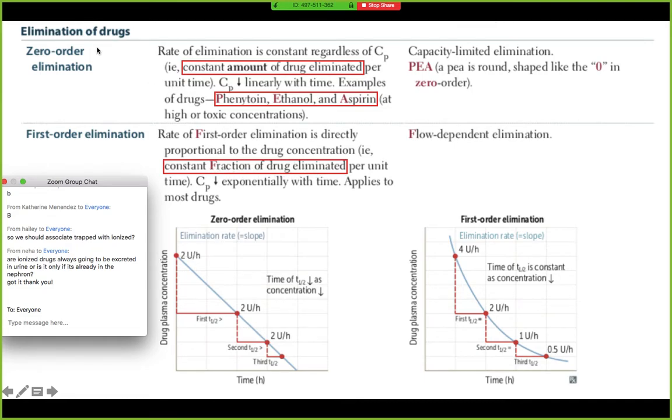And the ones that she said you need to know follow zero order kinetics are, I think it was, ethanol and aspirin. But if you want a mnemonic, obviously this is out of First Aid, so you need to know it eventually. The mnemonic is PEA, so phenytoin, ethanol, and aspirin all follow zero order kinetics.